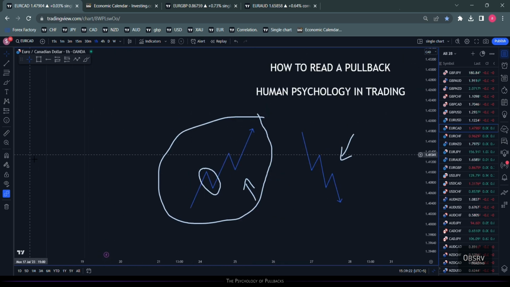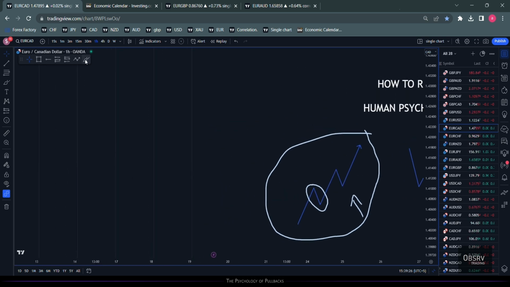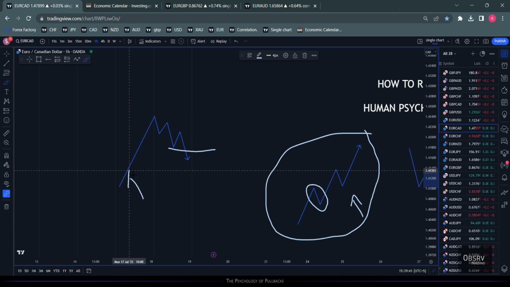Now, if you're trading an uptrend, the reason why you need a proper downtrend on the lower time frame is because the lower time frame needs to turn into a seller before the higher time frame can take those buys and make money again.